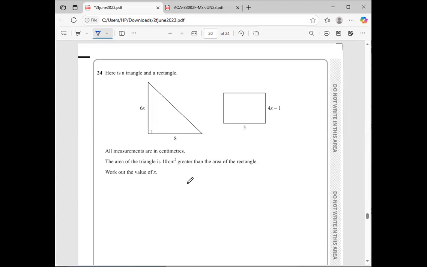If the question says that the area of the triangle is 10 cm squared greater than the area of the rectangle, so we can form an equation from that.